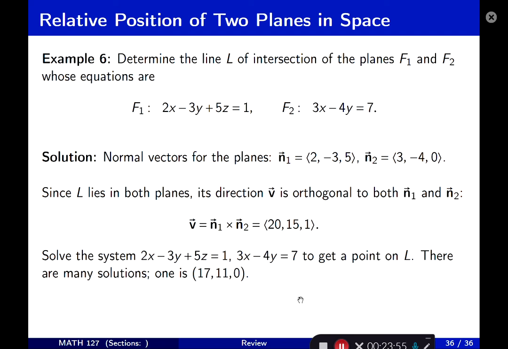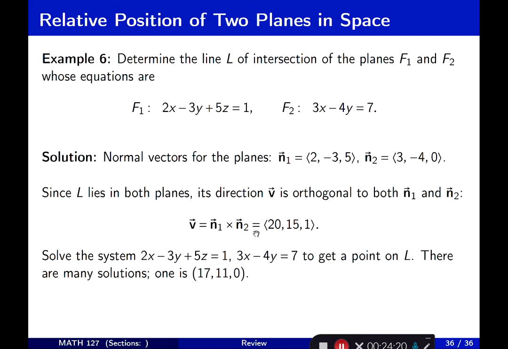But you need one extra piece of information: a point on L. Otherwise, you cannot write the line. To get a point on L, because the intersection of these two has many points, you can actually find infinitely many points in there.